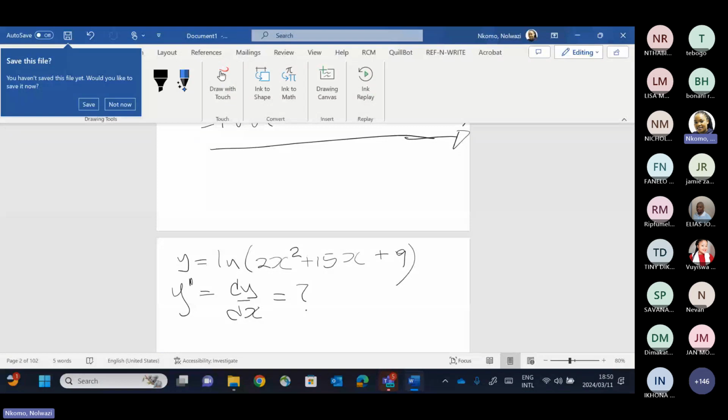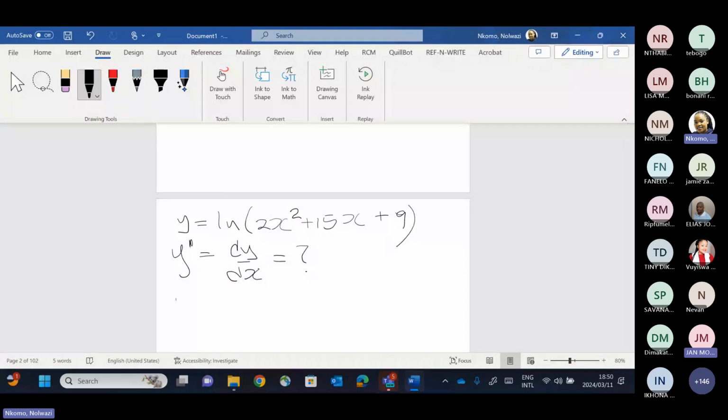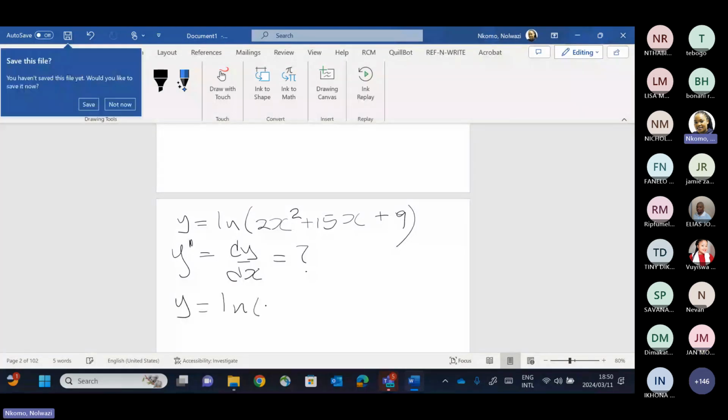Again, it's not easy to differentiate this function just by looking at it. From the rules that we did, we did not do a rule for differentiating a function like this. We only did a rule for differentiating a function like y equals ln x, just one variable.